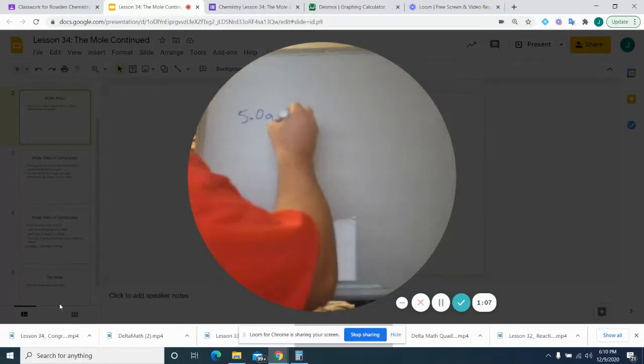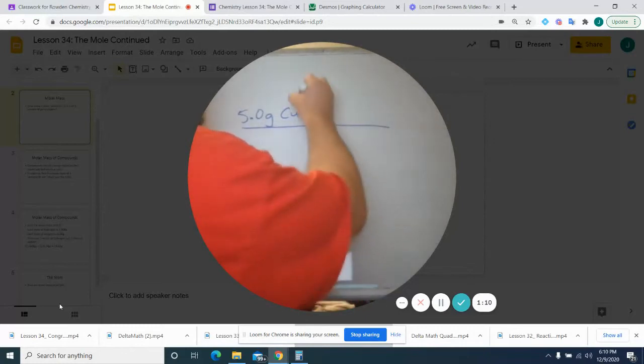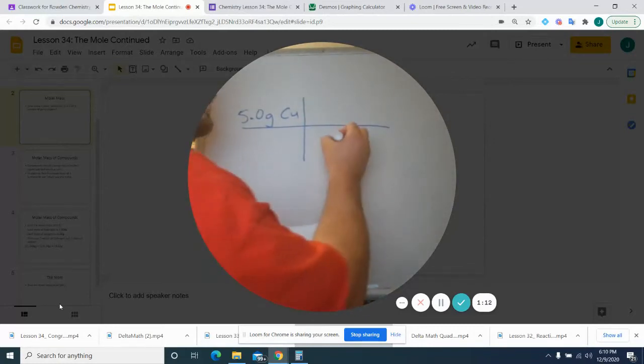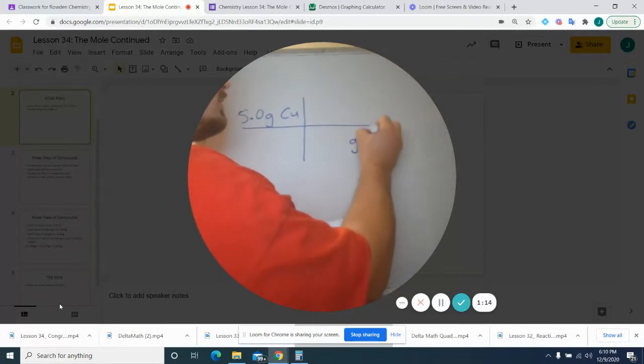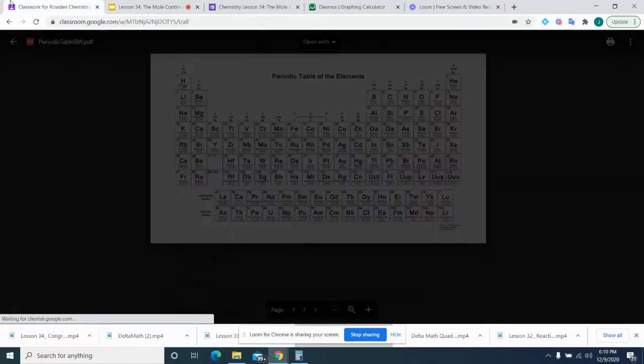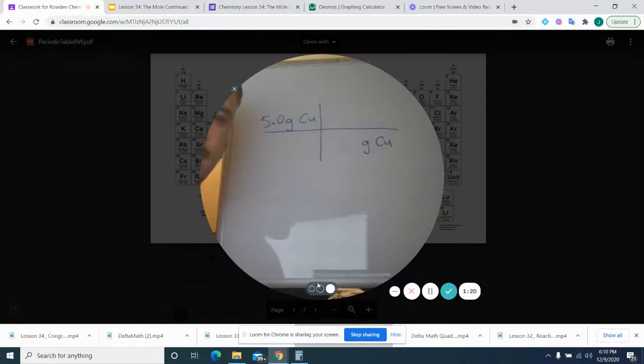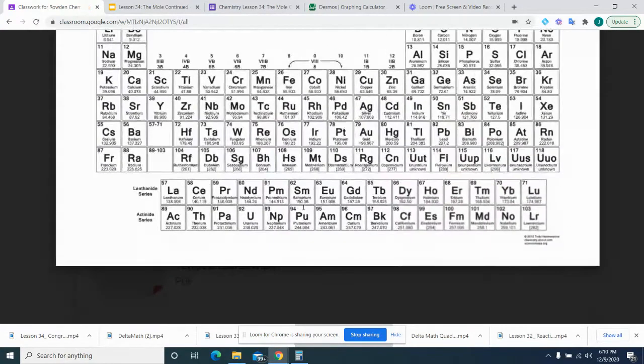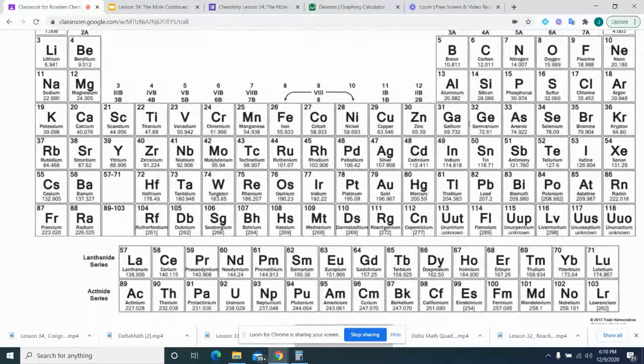The first part of the equation, you'll need to take grams of copper, and you'll use the periodic table right here.